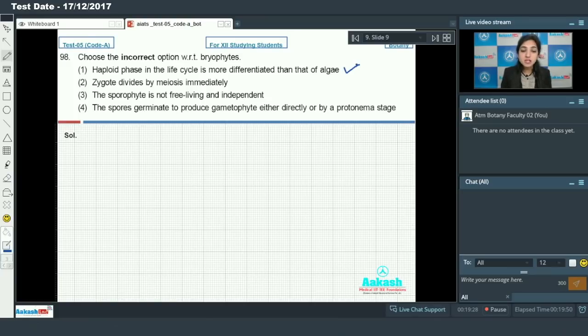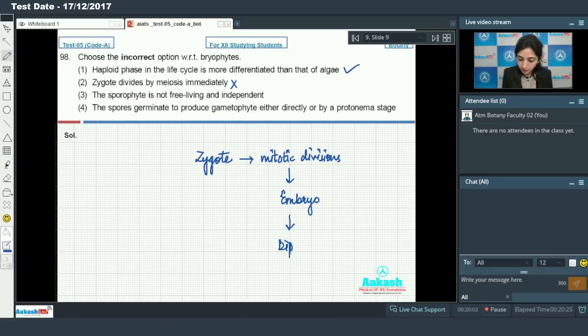Zygote divides by meiosis immediately. No. In bryophytes, the zygote does not divide by reductional division immediately, but it undergoes repeated mitotic divisions to form the embryo, and this embryo in turn forms the diploid sporophyte.